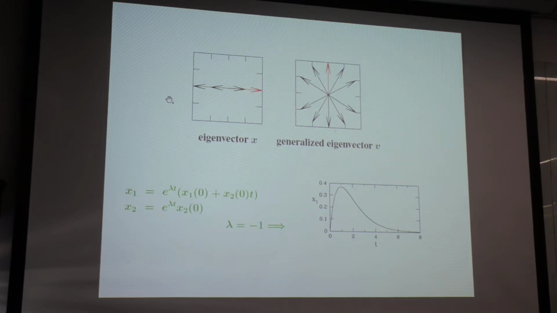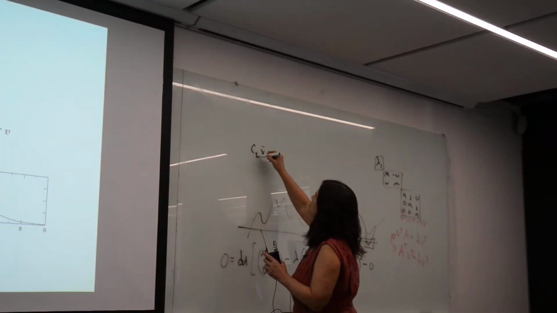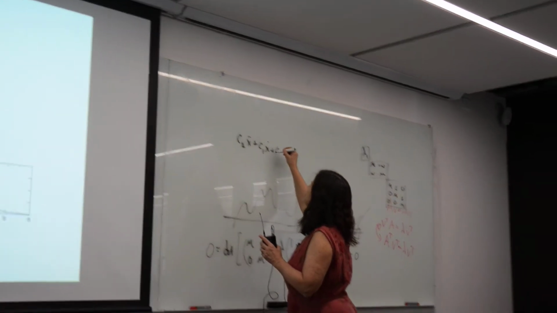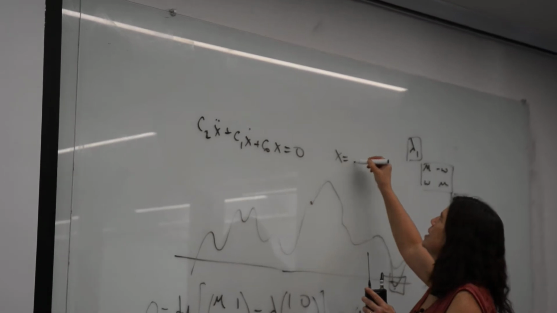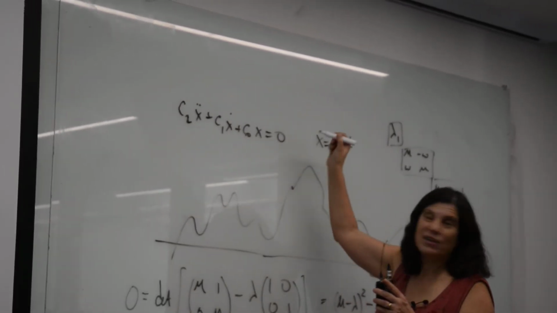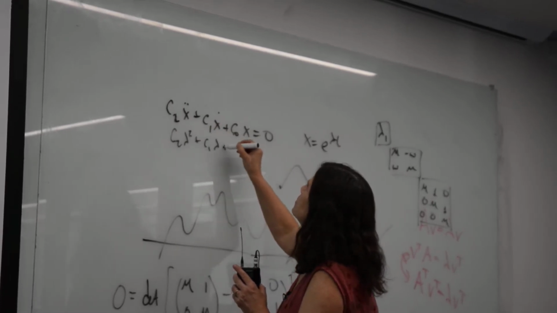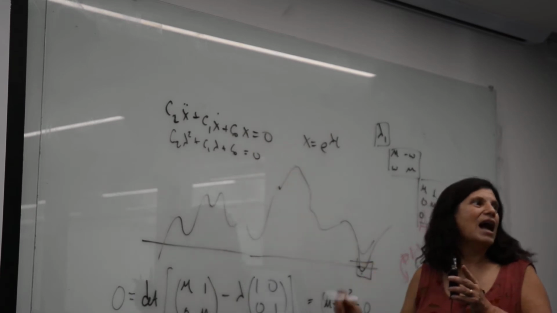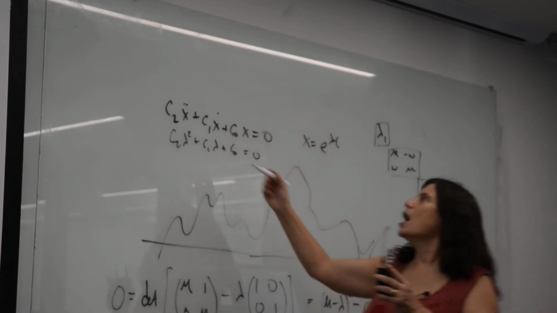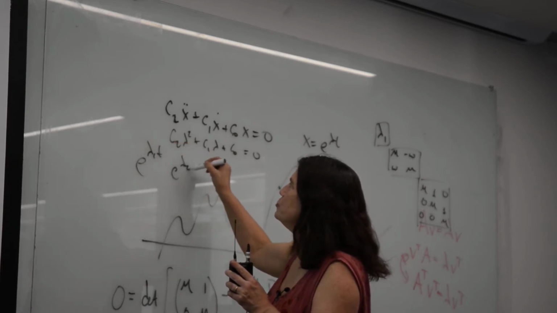If you have c2 x double dot plus c1 x dot plus c0 x equals 0, you're supposed to write x equals e to the lambda t, right? And then you get c2 lambda squared plus c1 lambda plus c0 equals 0, and you solve this and you get your lambda, right? And so you get your two solutions, e to the lambda 1 t and e to the lambda 2 t, right?